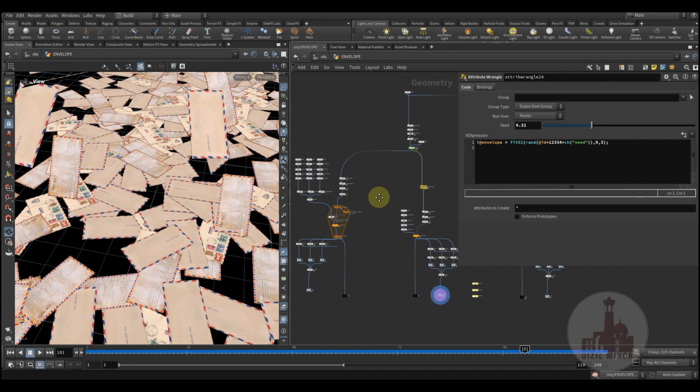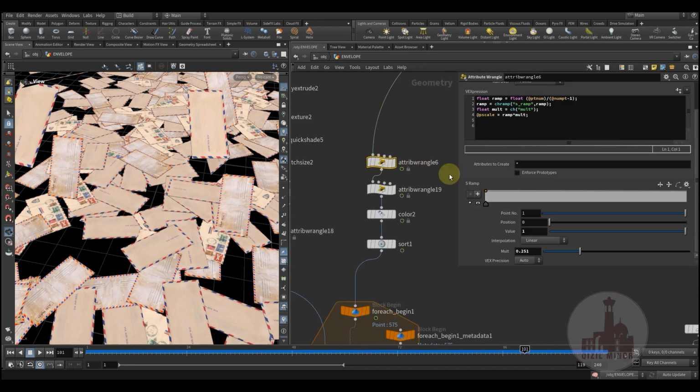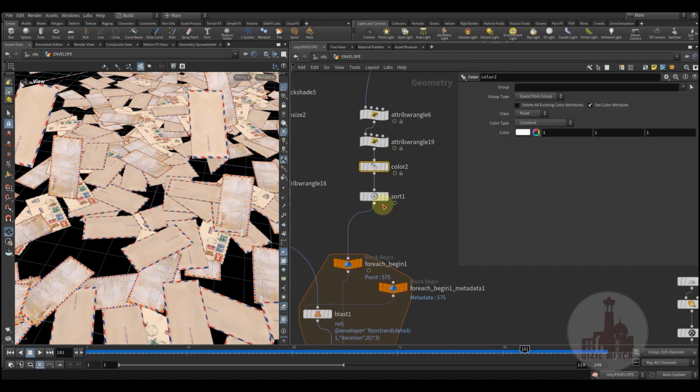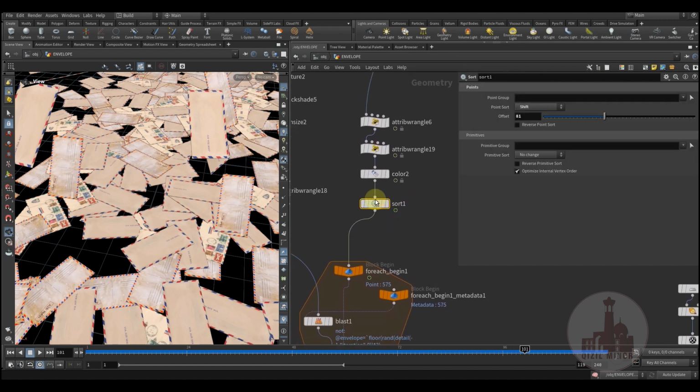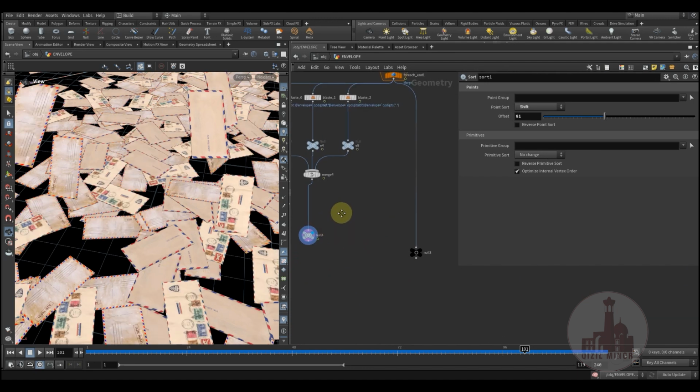Okay, so the second method. Here's the same p-scale attribute, the position y distribution to avoid intersection, some basic color, and a sort attribute, so I could also play with it.